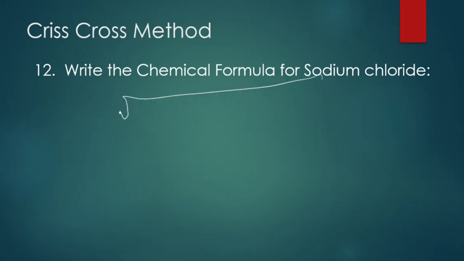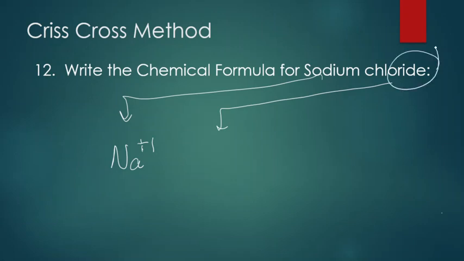Okay, so I look up sodium on the periodic table, and I see that the symbol is Na, and its charge is +1. I look up chloride, and there's no chloride, but I bet her name was changed. I bet that was chlorine. So I look up chlorine, and she is a -1.